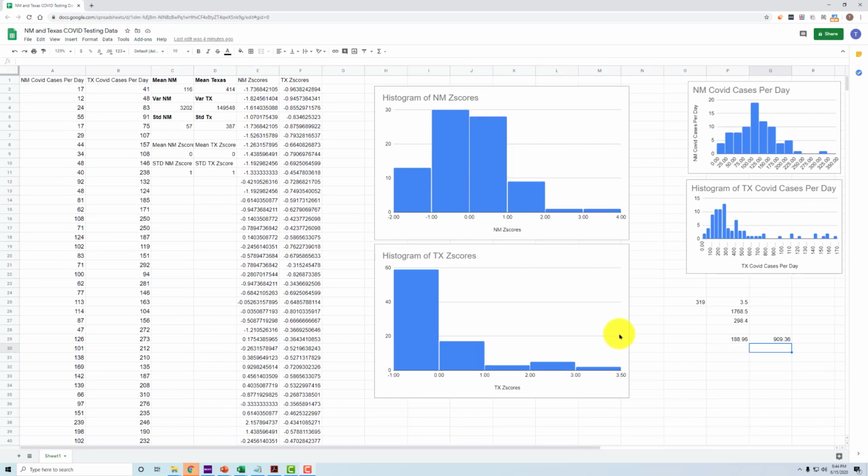When we look at the histogram, we see a similar thing. That peak is really out here by itself, a single day. Whereas in Texas, the increase is clustering with multiple days. To me, it's more suggestive of an increase in number of infections in Texas because of that clustering.